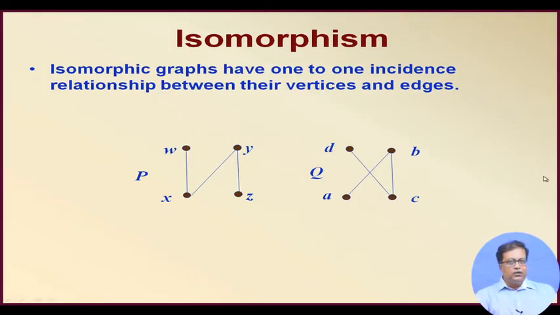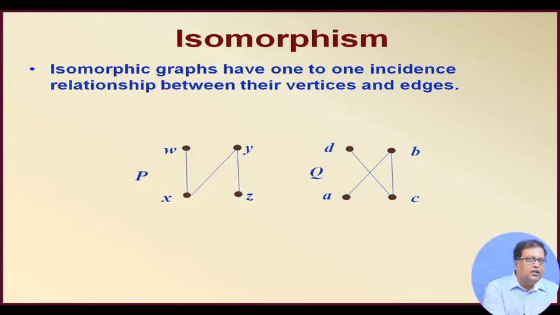Now, a very important concept, that of isomorphism. You see, the essential idea of isomorphic graphs, you see, we call 2 graphs isomorphic if they have 1-to-1 incidence between their vertices and edges. So, look at this particular example very carefully. W, X, Y, Z, right?